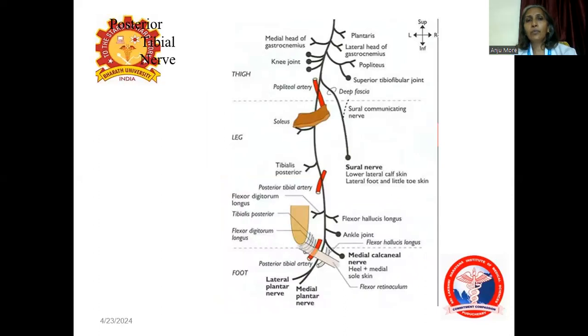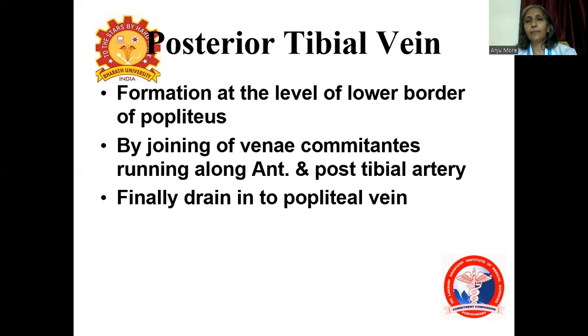In this diagram, we see the branches of the tibial nerve supplying the muscles of the compartment and the two joints, that is the knee joint and ankle joint, giving the cutaneous branches which we already discussed and terminating as the terminal branches after passing beneath the flexor retinaculum as lateral and medial plantar nerve.